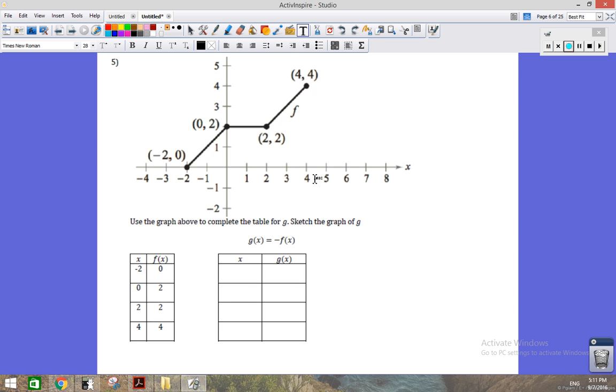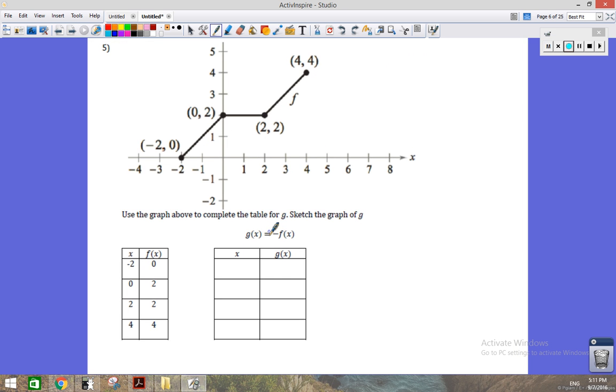Now let's move on to number 5. Here we have a negative sign. So F and G are related where the output of G is the opposite of the output of F. So for these input values, -2, 0, 2, and 4, when we evaluate G at -2, we're going to replace X with -2, but we're going to take the opposite of what we see over here in the table.